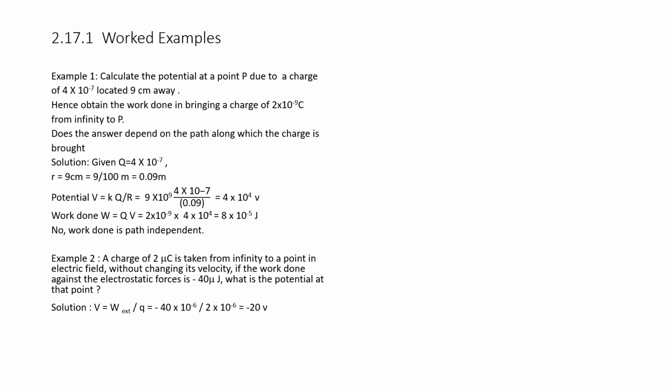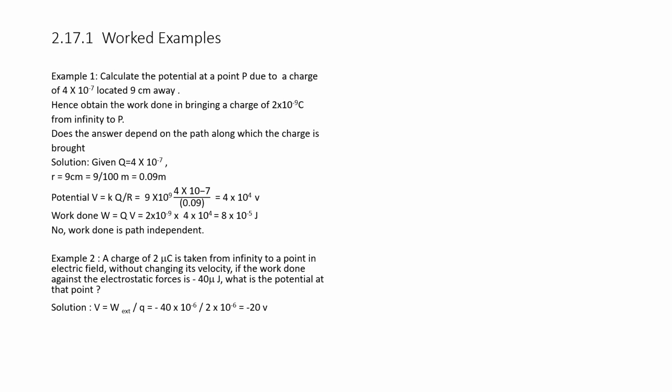Solution. We know V is equal to external work done per unit charge. So that is equal to minus 40 into 10 to the power of minus 6. This factor 10 to the power of minus 6 is due to microjoules, divided by 2 into 10 to the power of minus 6, that is the value of the charge.